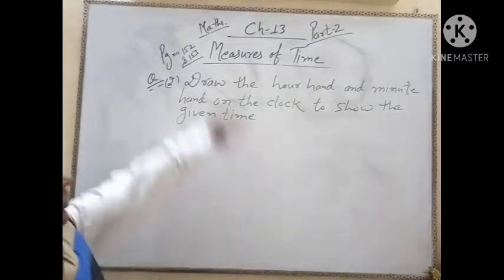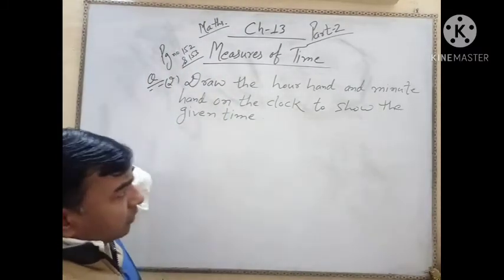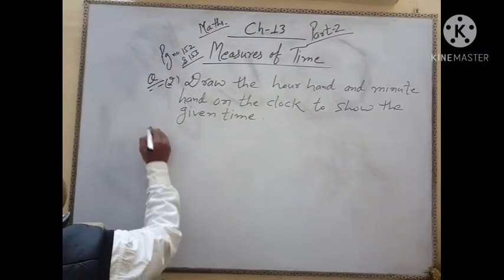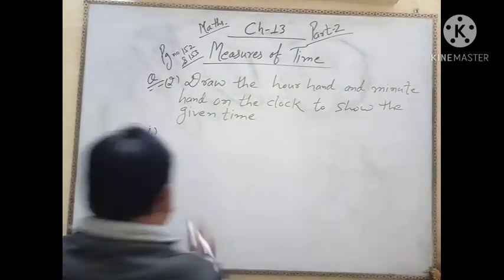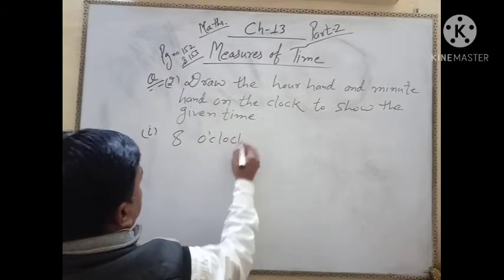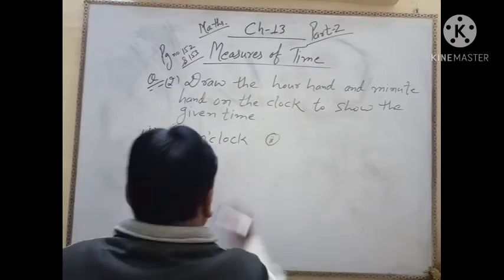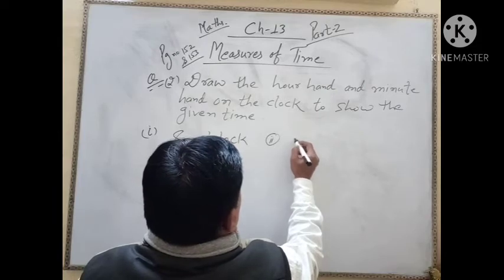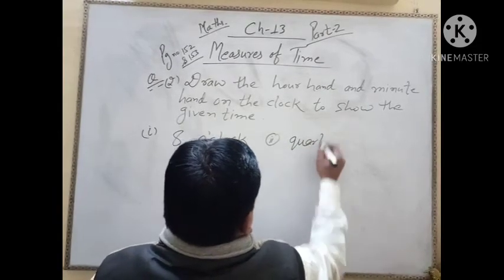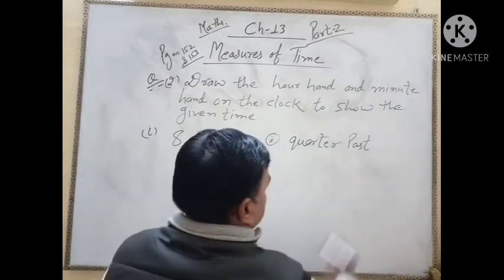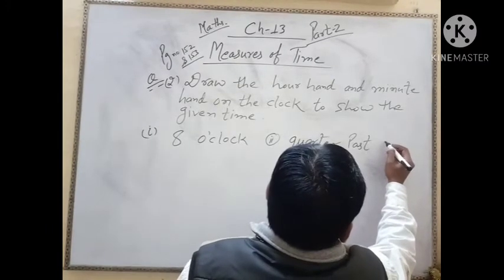The second question: draw the hour hand and minute hand on the clock to show the event time. 8 o'clock. Second question is quarter past 5.